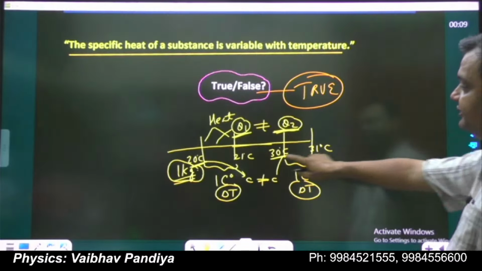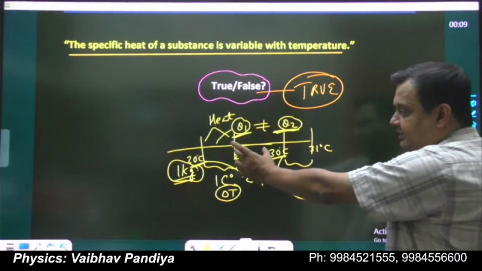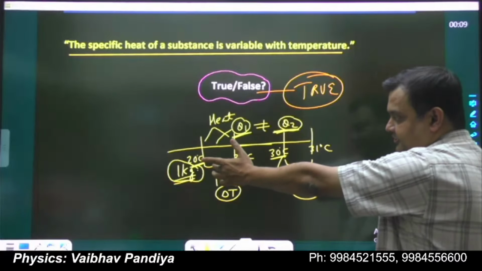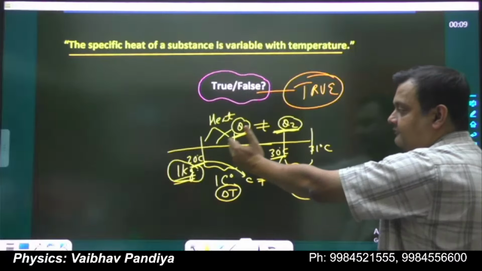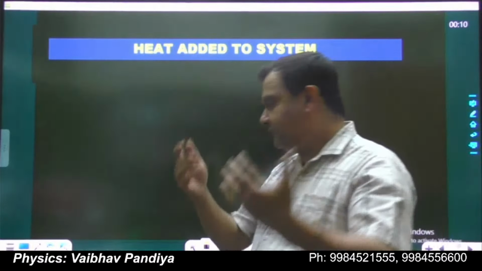Because the amount of heat needed to raise the temperature of the same amount of substance by 1 Celsius degree is different at different temperatures. We can find the heat added to any system, okay?